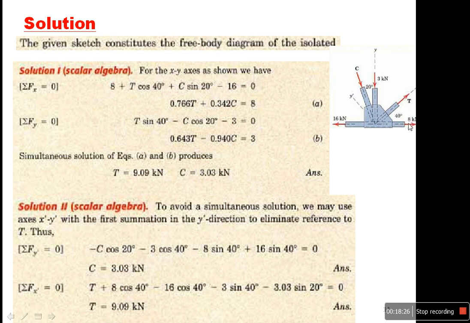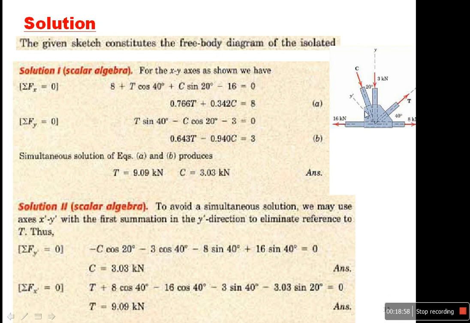Now I have this force minus 8 sine 40. If I take this force sine 40 or cosine 50, I will get the component of that in the direction of y. So it is minus as well. What about that? I have 16 sine 40.